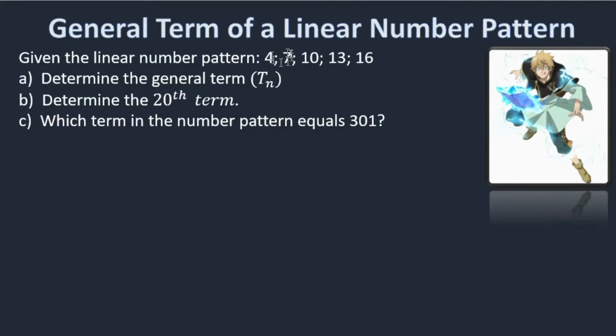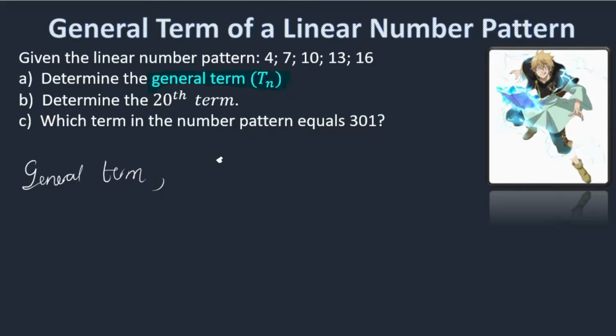So here I have this situation, and I want you to recognize this question. Let me highlight it. The general term. Now this will frequently be there, and how they ask this question can be in different ways. So here actually they did it for us. They said they want the general term.